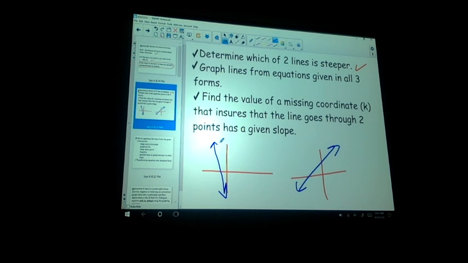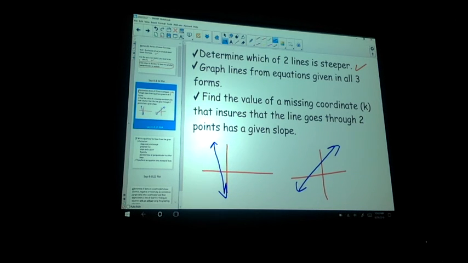Well, if you're given a slope, find the decimal approximate of that slope. How do you do that? So if you had 5/8, go 5 divided by 8. It gives you a decimal. Does that make sense? And then compare those. If you can't identify easily which one's steeper, figure out what the decimal amount is. The larger decimal is the steeper of the two, even though one could be negative.